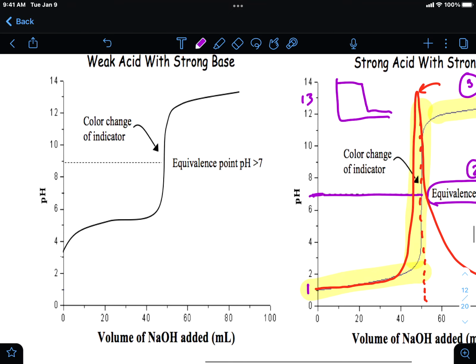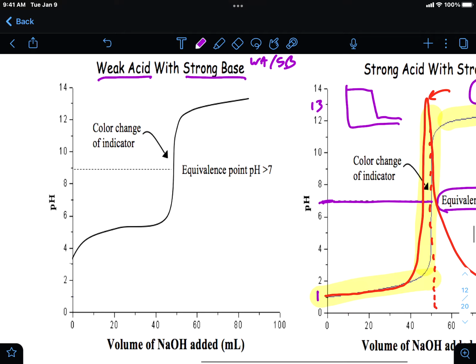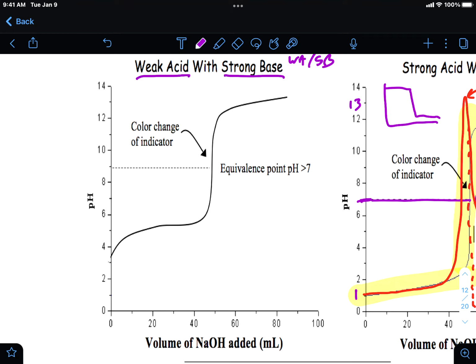Let's look at a second. Weak acid with strong base. Okay, weak acid with strong base. So in this situation, you need to evaluate those 3 characteristics that I just mentioned and see how they compare. How's our pH range here compared to the first one? Yeah, narrower, right?